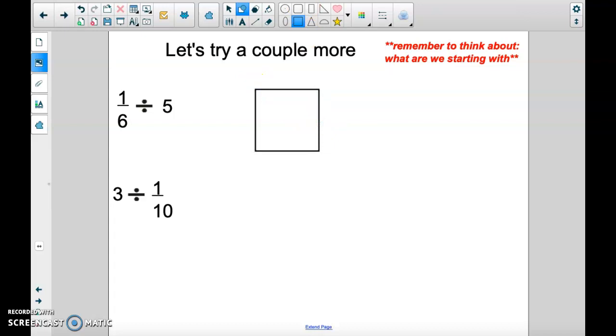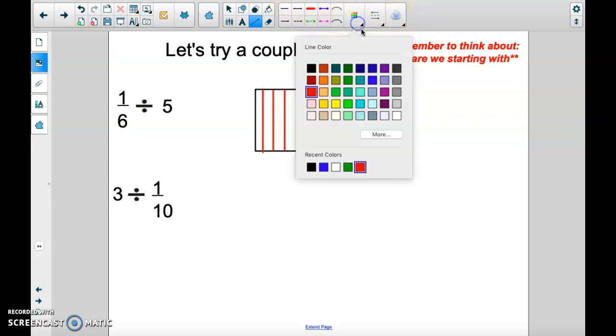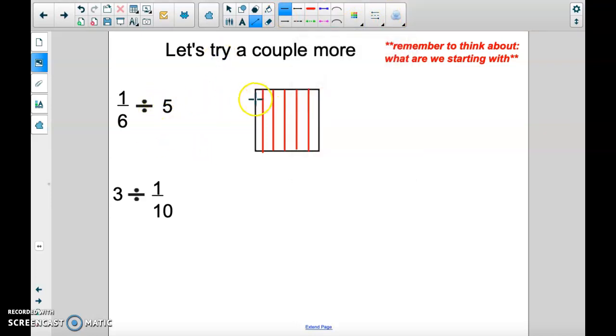So, this first one, I am starting with 1/6. So I'm going to break this into sixths. Remember, if it's not perfect, that's a-okay. All right, so now I have my sixths, and I need to split it into 5 pieces, right? 1, 2, 3, 4, 5.